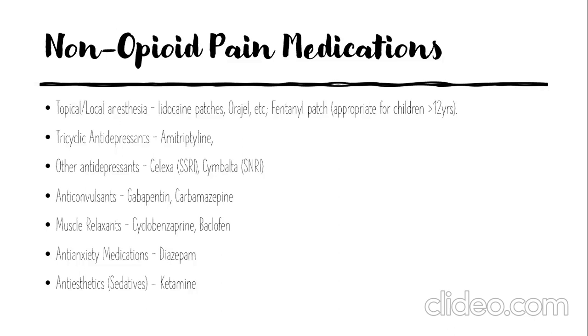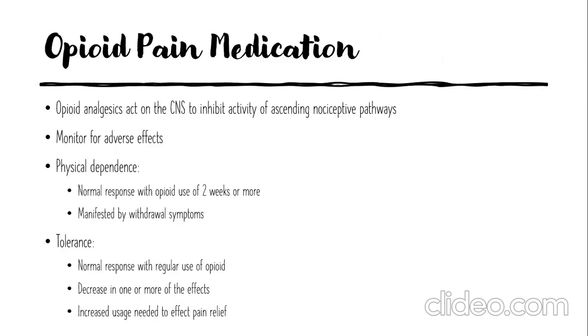And then you have muscle relaxants and anti-anxiety meds like diazepam, which we talked about before. It acts as a muscle relaxer. Ketamine, you don't really see that in use. You may see it more with peds, but that is a sedative, and that is reserved for more significant pain.